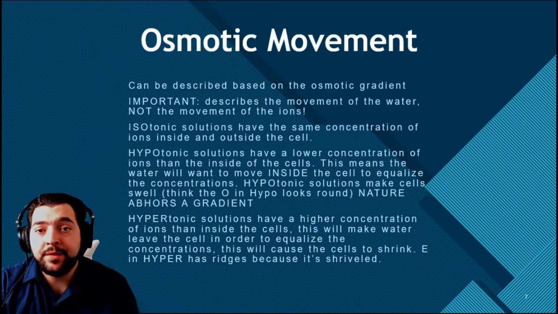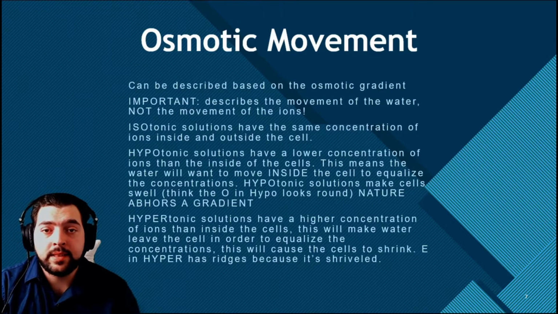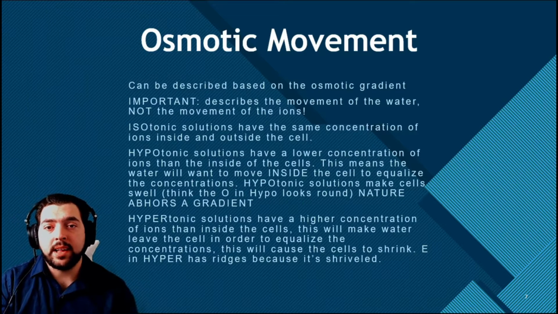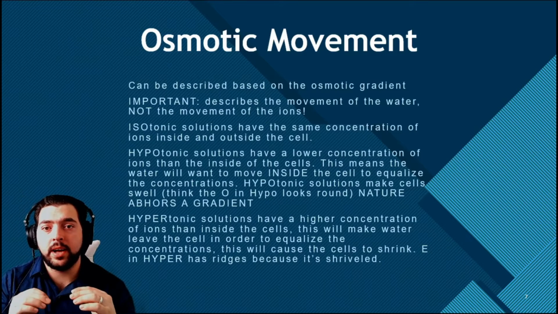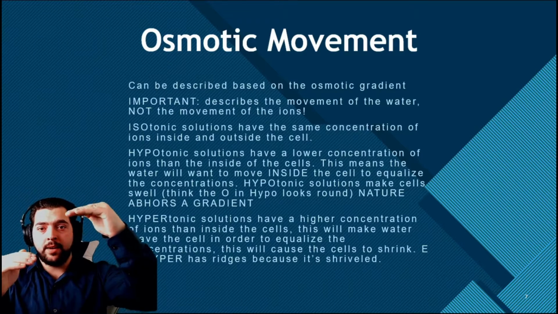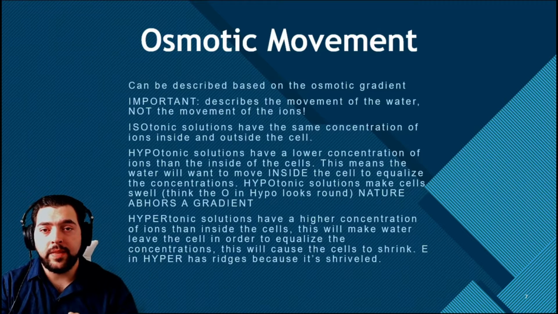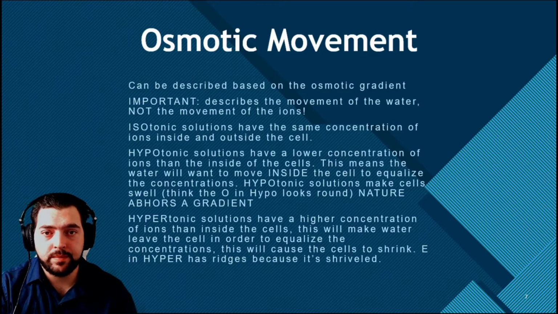And it doesn't have to be 50% water, 50% electrolytes. The inside of the cell can be 60% electrolytes, and the outside could be 60% electrolytes. As long as the concentration of water is the same inside the cell and outside the cell, and we don't have a gradient, then that's an isotonic solution.